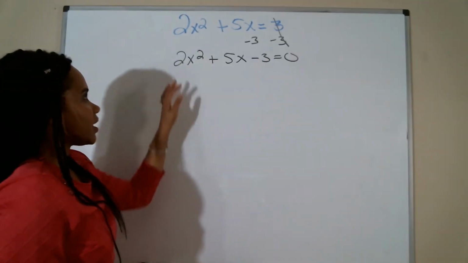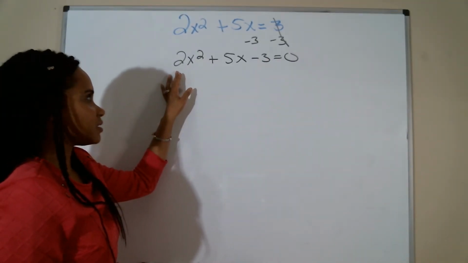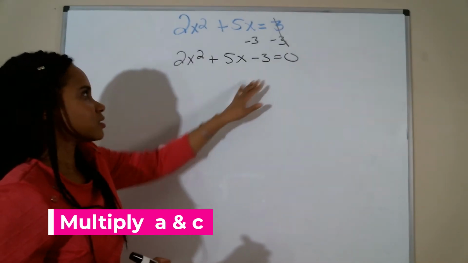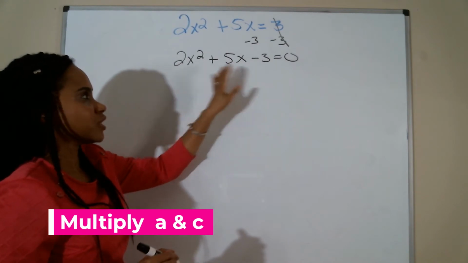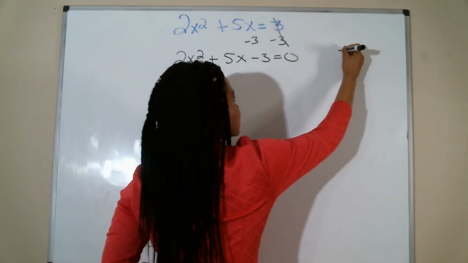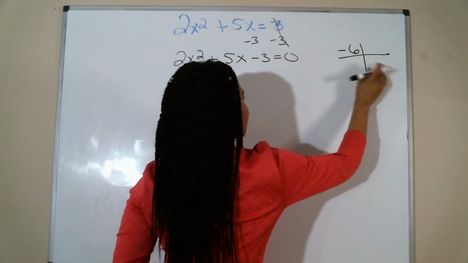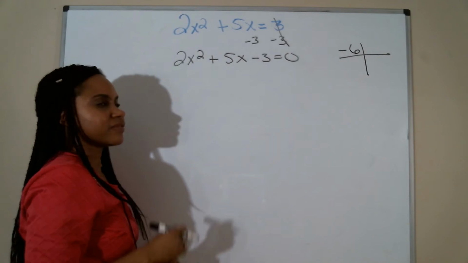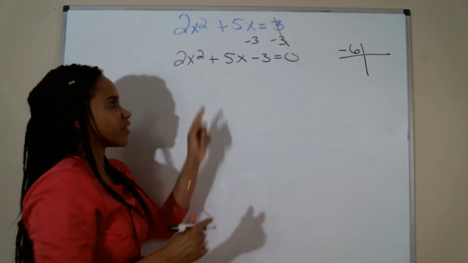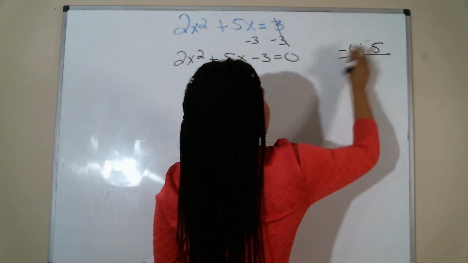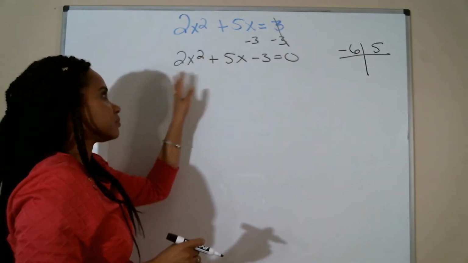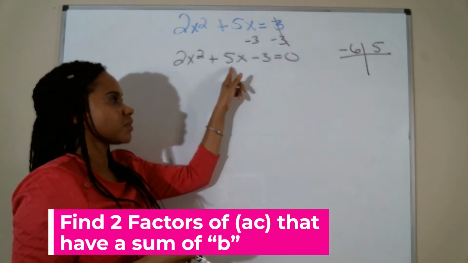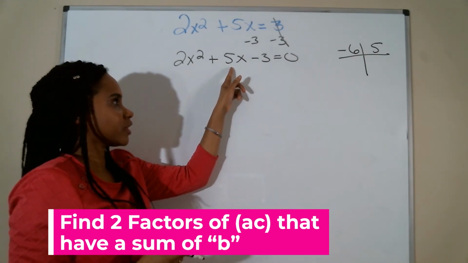The next thing I'm going to do is multiply a and c. Remember, a is the term in front of your x squared, and c is your constant. So a times c, or 2 times negative 3, is negative 6. I'm going to draw a t-chart, and you'll see why. I want to find 2 factors of negative 6 that have a sum of 5. When you're factoring by grouping, you multiply a and c, and you want to find 2 factors of the result that have a sum of b, the number in front of your x term.